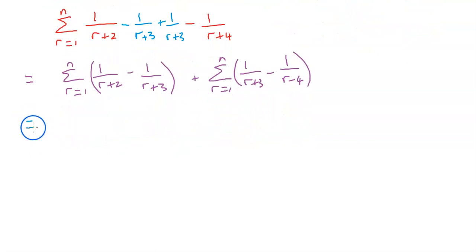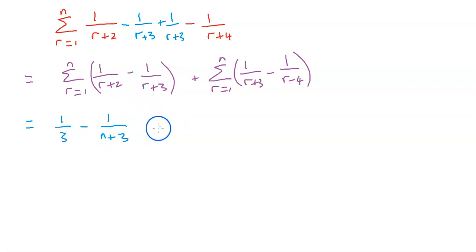Okay, and then we know that this is clearly going to just be equal to, you put 1 in here and then you put n minus 1 in here. So that is going to be 1 divided by 3 and then minus 1 divided by n plus 3.